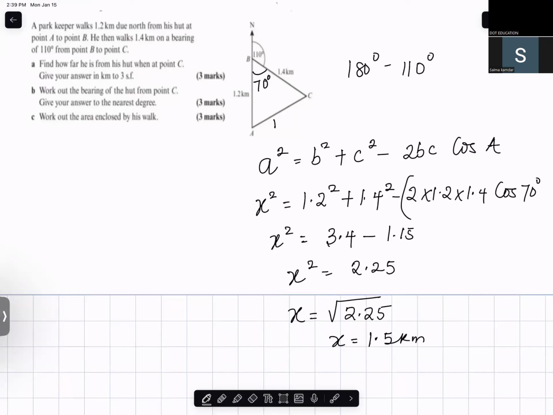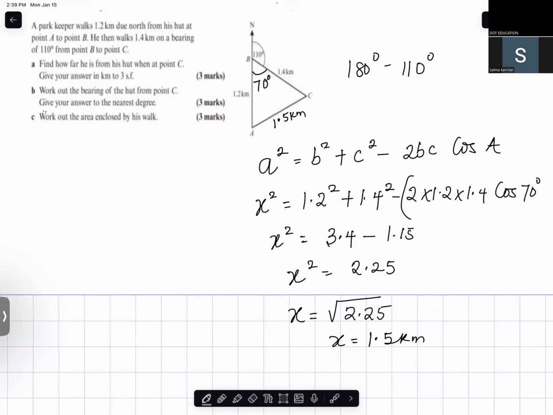So we've gotten our line AC as 1.5 kilometers. That's how far he is from his hut when at point C. Then having gotten that, we move to the next part of the question.